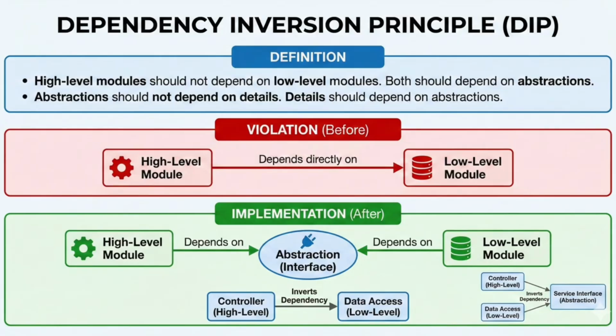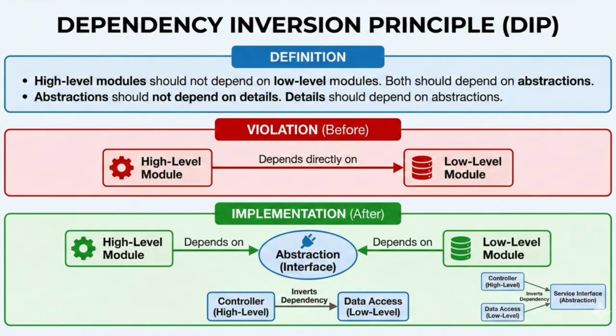It protects high-level business logic from frequent changes. Instead of directly connecting to low-level concrete classes, we introduce an abstraction layer. This abstraction is usually an interface or an abstract class. The high-level module depends on that abstraction, and the low-level module implements it.